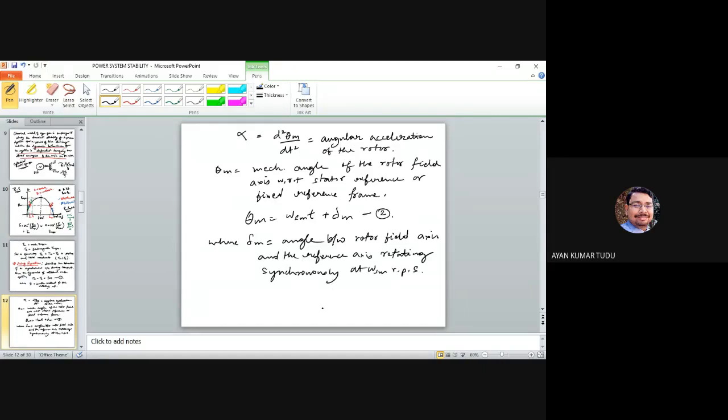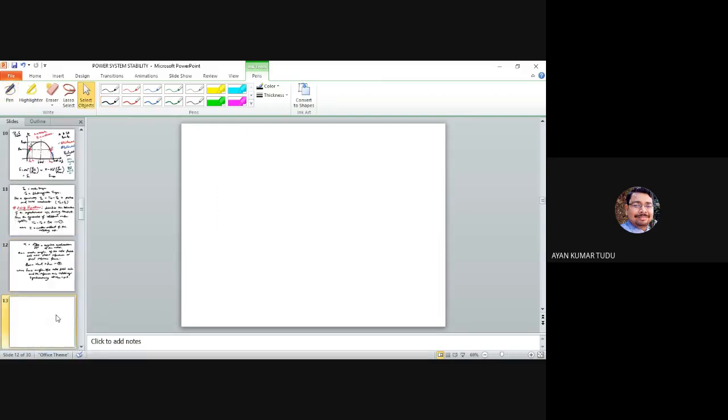Okay, understood? We can understand it better by a simple figure, so let us draw the figure. Let this be our frame where we have our resultant air gap flux wave.